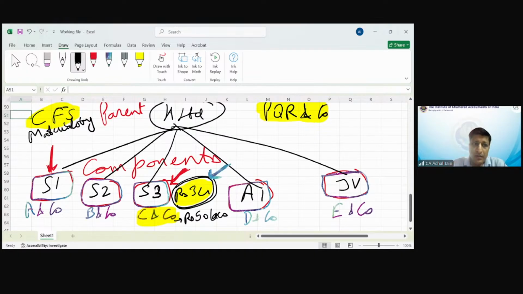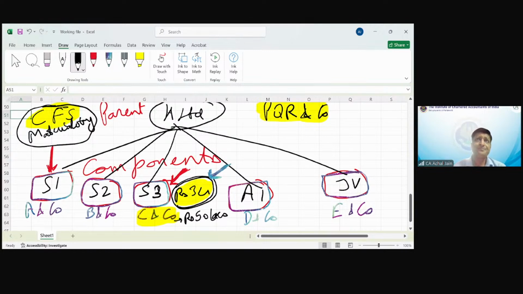But how do you do this? The approach is to compute this at CFS level first. That is what you distribute. As far as materiality and CFS are concerned, we have discussed. So this is the approach which the parent auditor will consider.